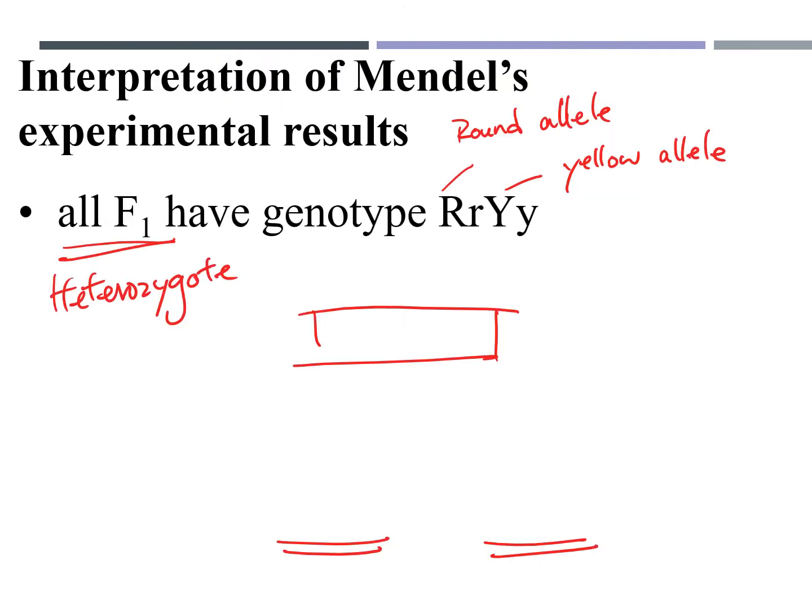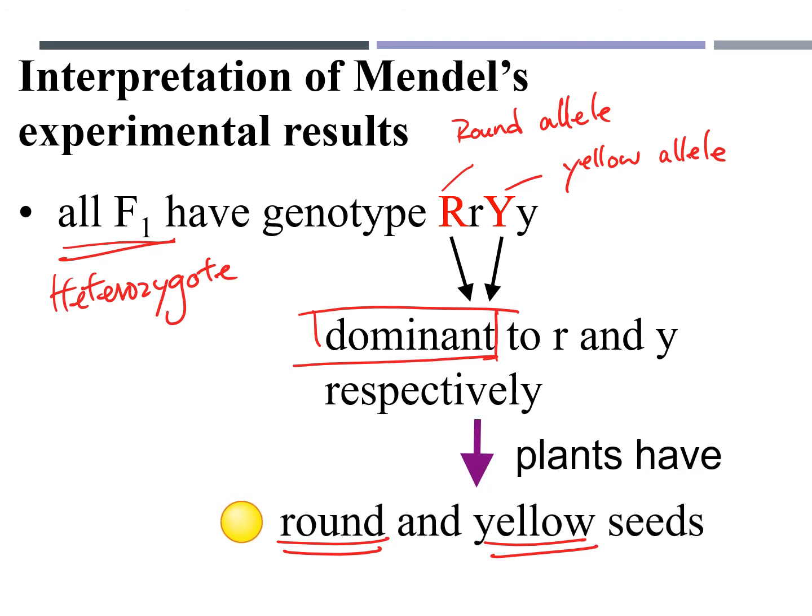Therefore, the F1 generation is heterozygote: big R, small r, big Y, small y. The capital letters are dominant alleles, showing that the round allele and the yellow allele are both dominant characters, so the round and yellow seed is heterozygous.